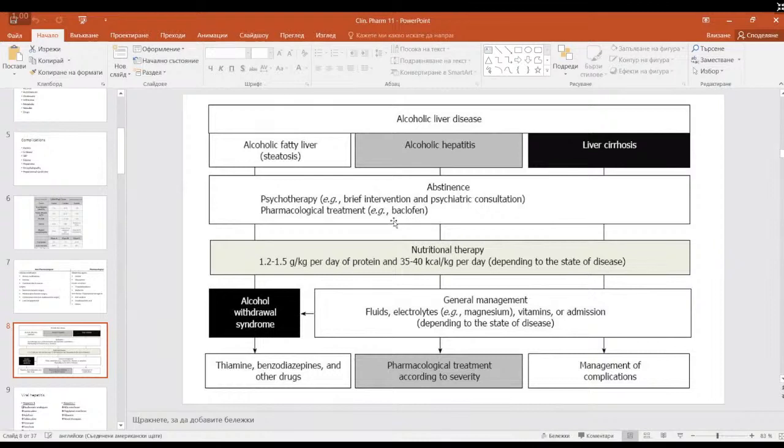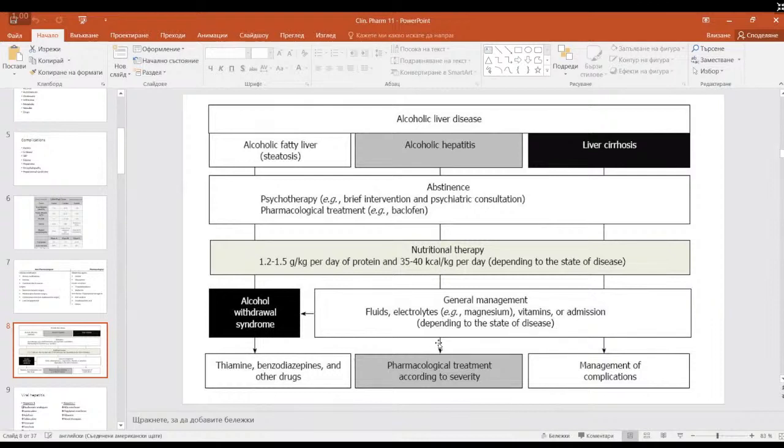Patient may need treatment with drugs that will help withdrawal symptoms, like baclofen, increased protein intake, fluids and electrolytes are very important, like magnesium, vitamins, potassium levels are important to follow up.